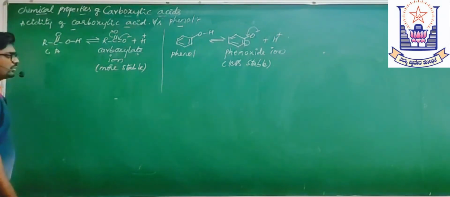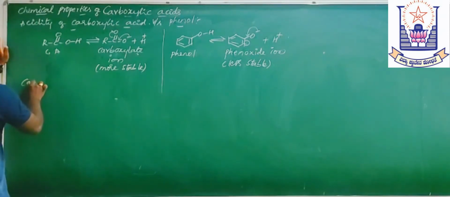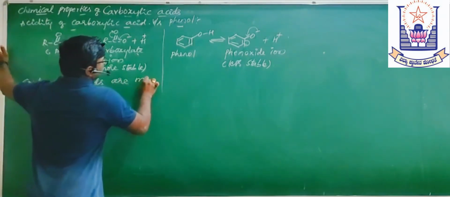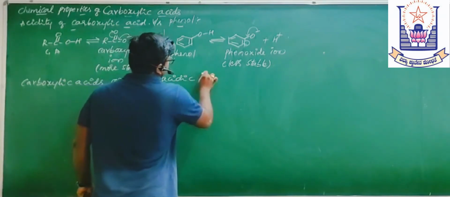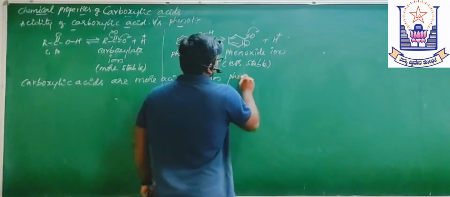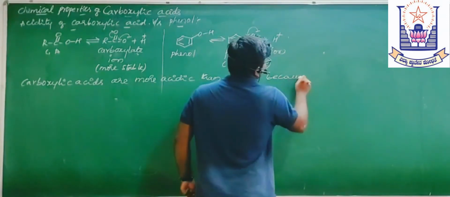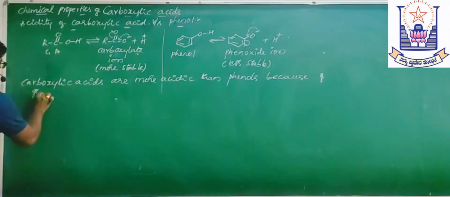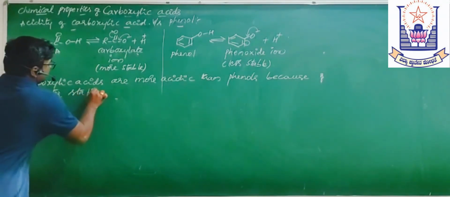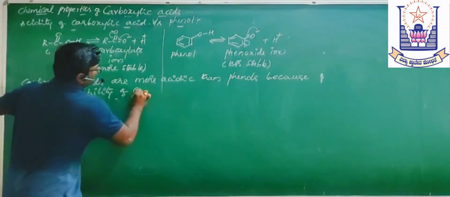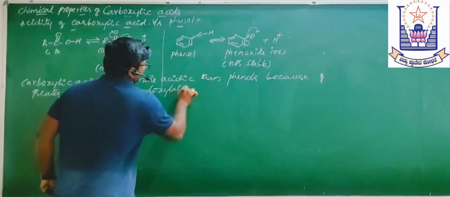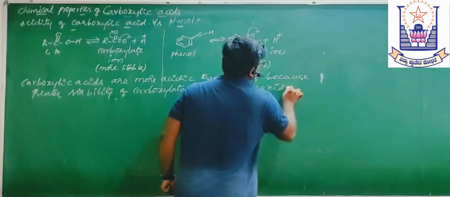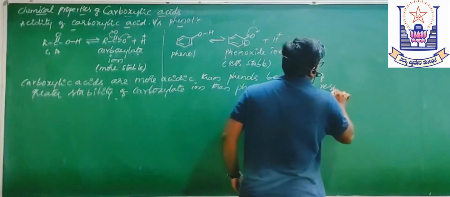Here I am going to give you the conclusion that carboxylic acids are more acidic than phenols because of greater stability of carboxylate ion than phenoxide ion respectively.